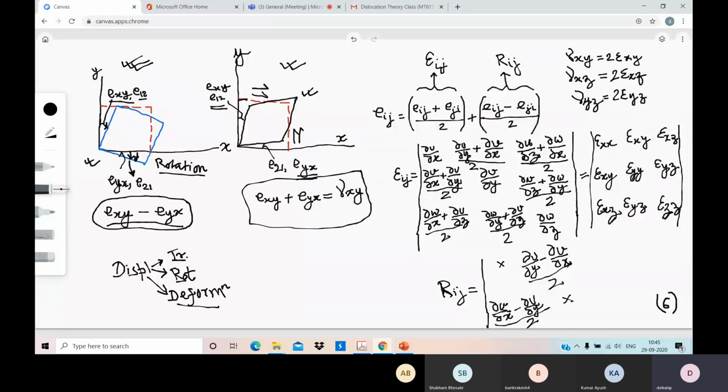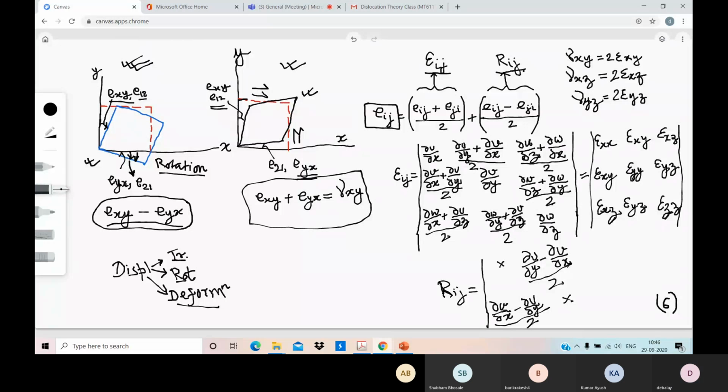So now I can divide the relative displacement tensor into strain tensor, that is deformation tensor, which I am writing as epsilon ij, and rotational tensor Rij. What I have to do?